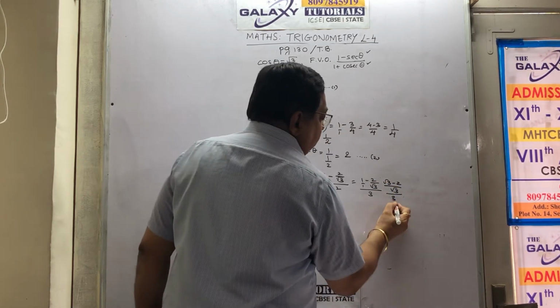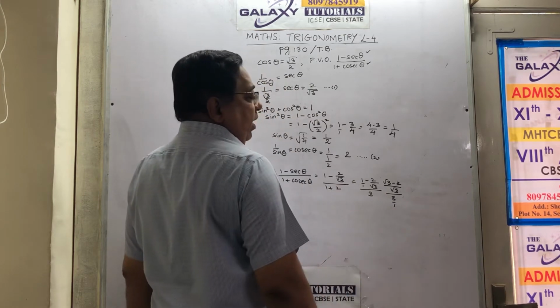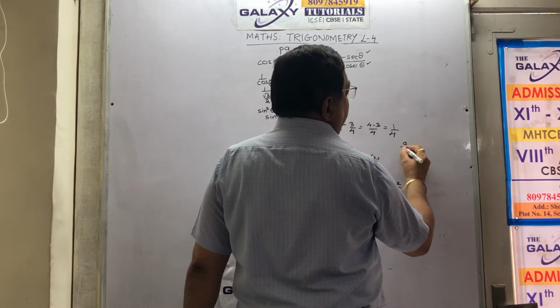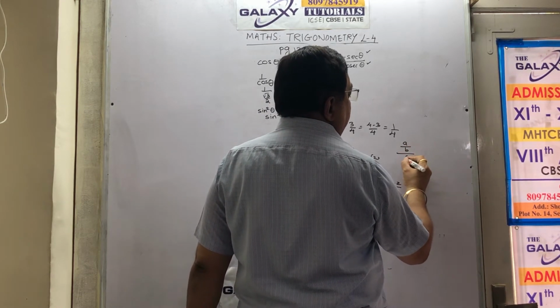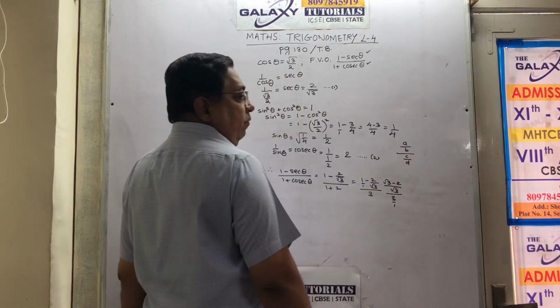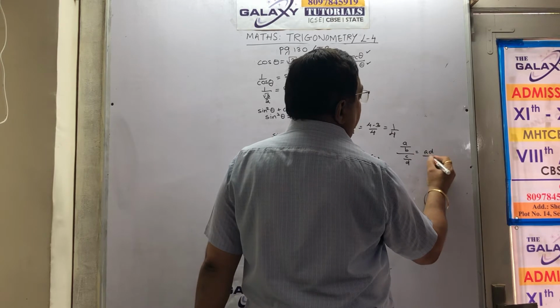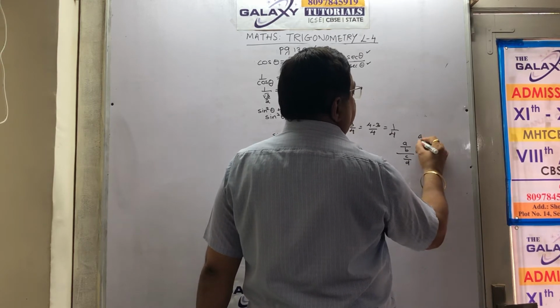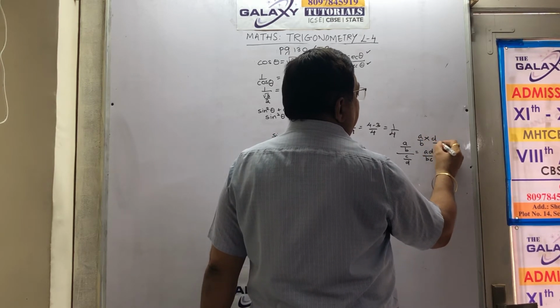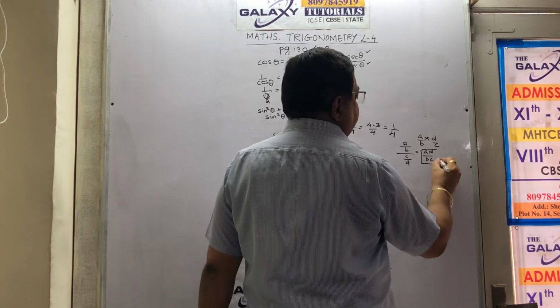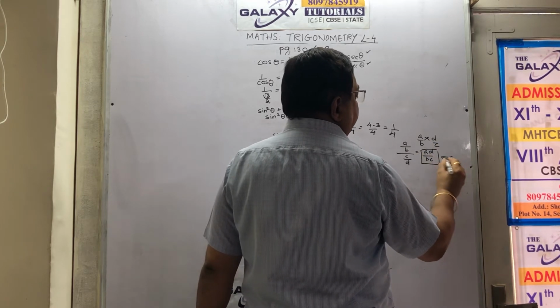Again, we make both the fractions. Last year I taught you A upon B upon C upon D. Whenever you have a double fraction dividing, A upon B upon C upon D is equal to AD upon BC. You don't have to do it like this every time and waste your time. Directly, please remember this formula.